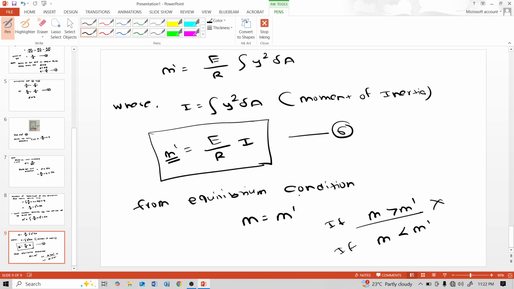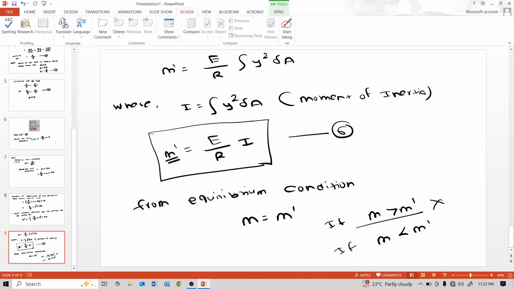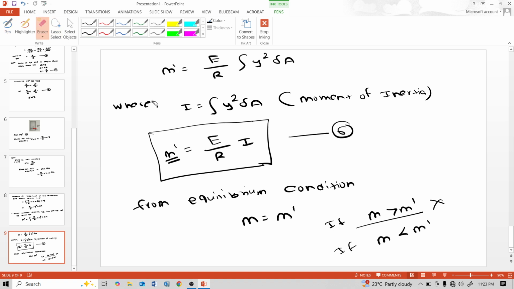But for equilibrium and for an economical section, the moment of resistance is equal to the moment. That's why here I write M is equal to M dash. M is the bending moment, and M dash is the moment of resistance.